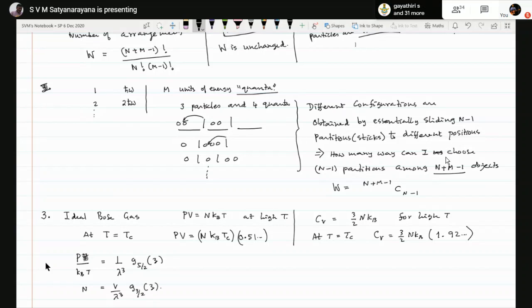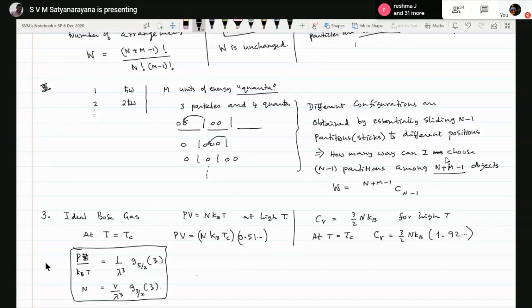Try to find out these expressions at T equal to Tc, because you know Tc is related to this one. Then from this you can get these results.